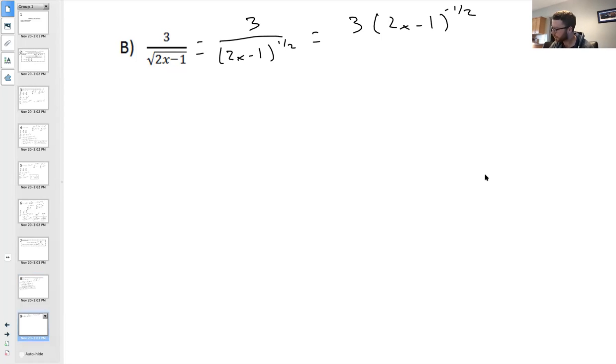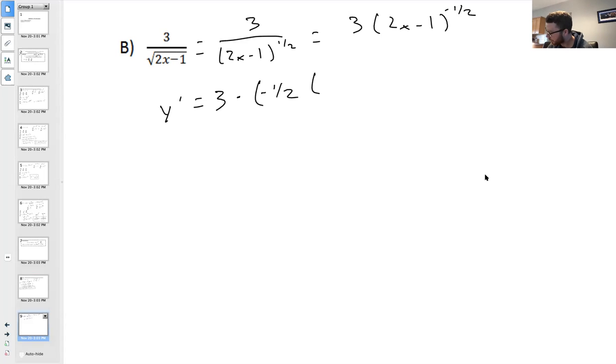Okay, so when we do this, we are going to leave that 3 alone. And then we'll multiply that by the derivative, like we'll take the negative 1 over 2 and put it up front.